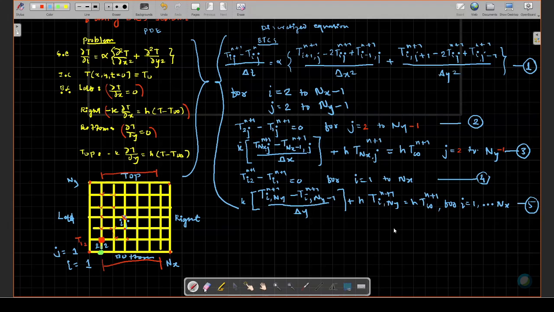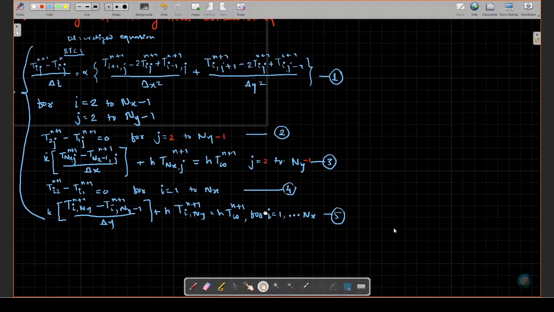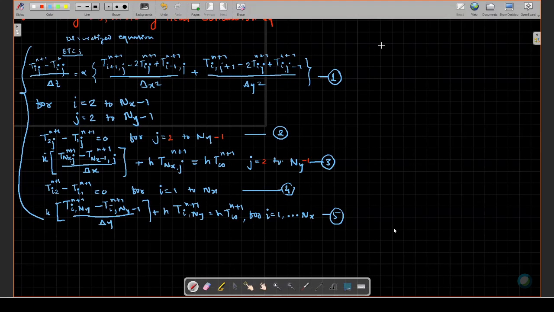From equation 1, we get central coefficients like A II.